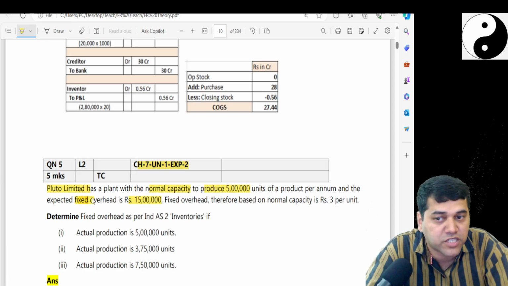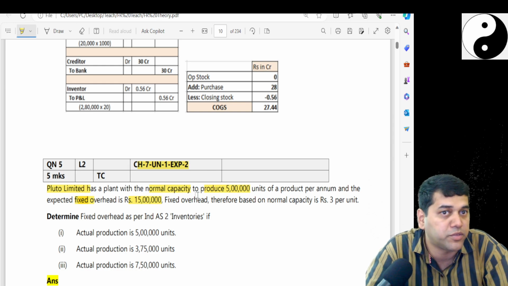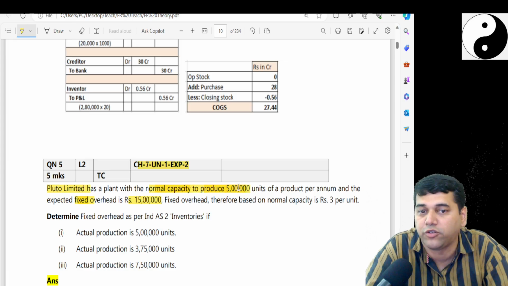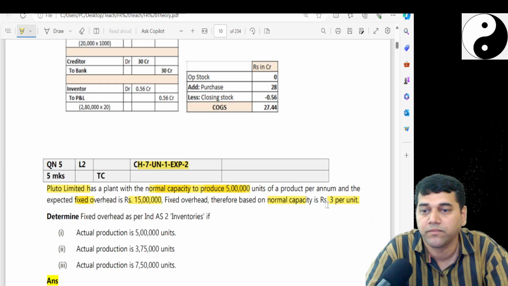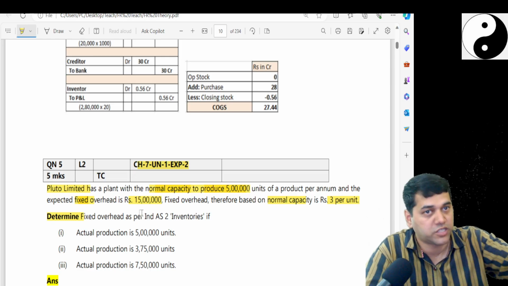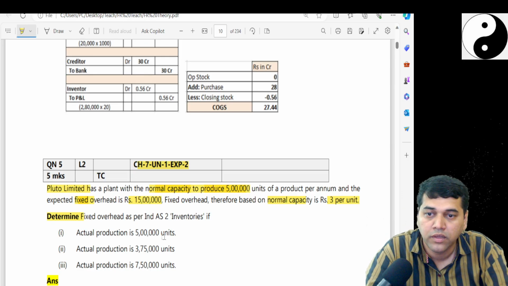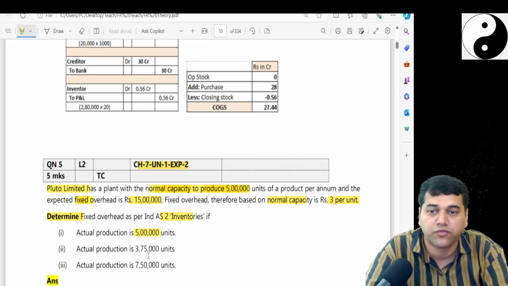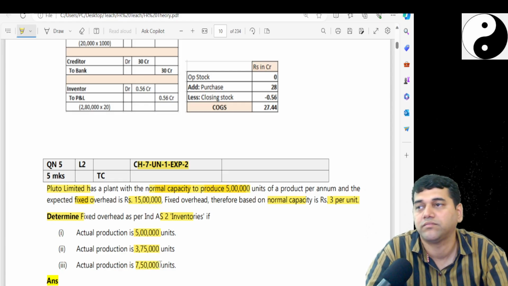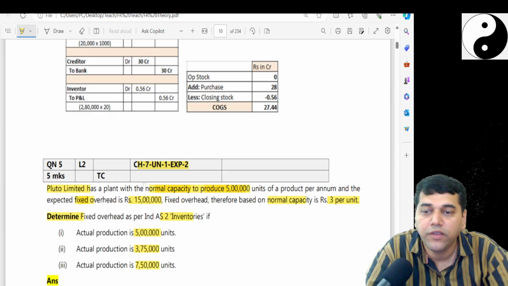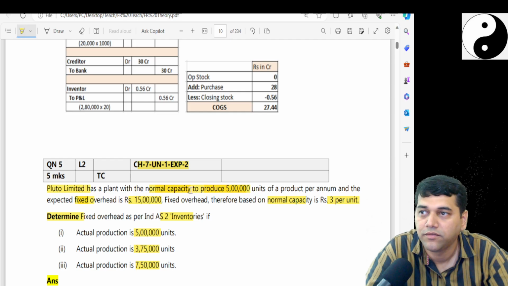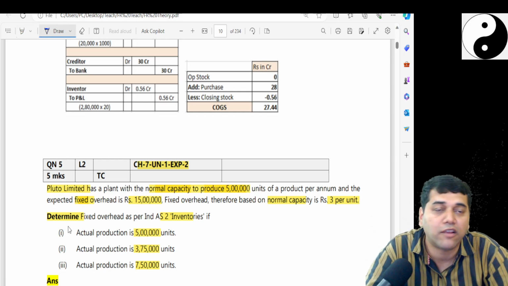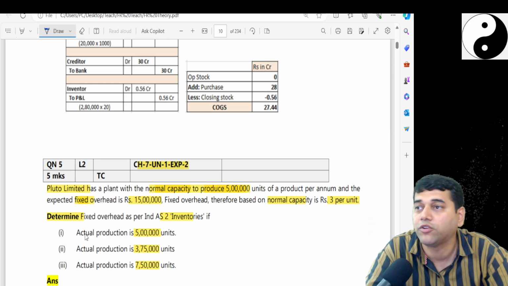Now, what is your normal? Since you have got a fixed overhead, do you have capacity information here? Yes, they told you normal capacity also. And fixed overheads based on normal capacity is 3 rupees per unit. Now, determine means you have to tell specifically that if the production is so and so, this should be allocated so and so. Value of inventory, if the actual production is 5 lakh units, what is the value of the inventory? 15 lakhs. Since they said determine, what will you write?